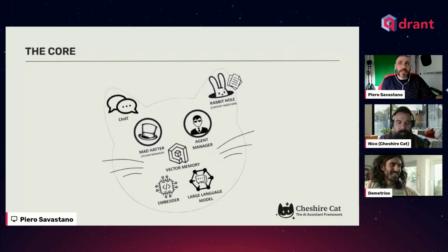These are the main components of the cat. You have a chat as usual. The rabbit hole is our module dedicated to document ingestion. You can extend all of these parts. We have an agent manager. Metadata is the module to manage plugins. We have a vector DB, which is Qdrant natively.